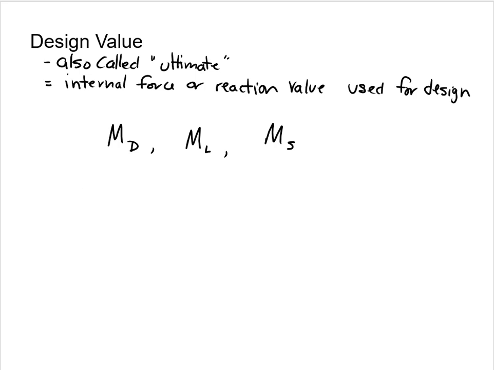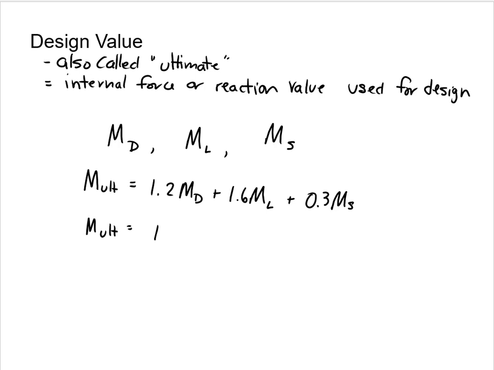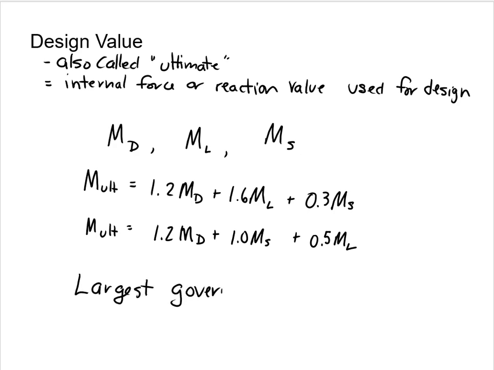We would then multiply the moments by the load factors in a load combination and calculate a value. We repeat the process for each load combination. The largest factored and combined result becomes the value we design for.